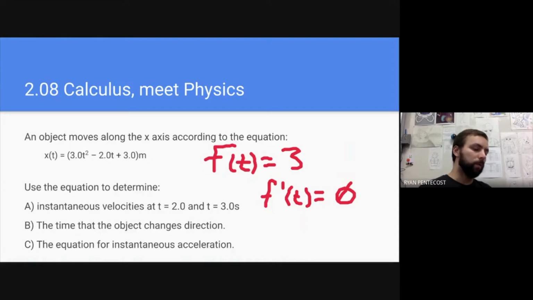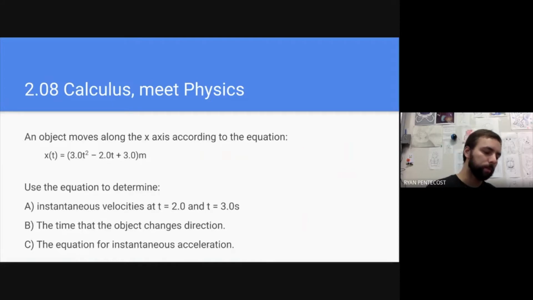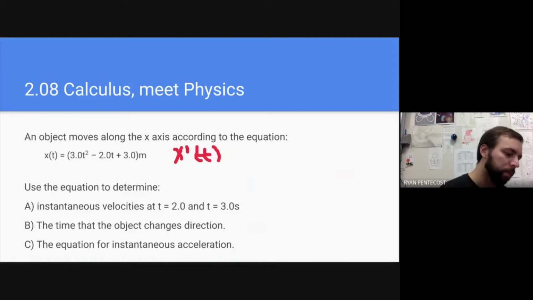So, to find the instantaneous velocity, what we need first is a velocity function. So if we say that x prime of t is the derivative of x of t, then the derivative of position is velocity.